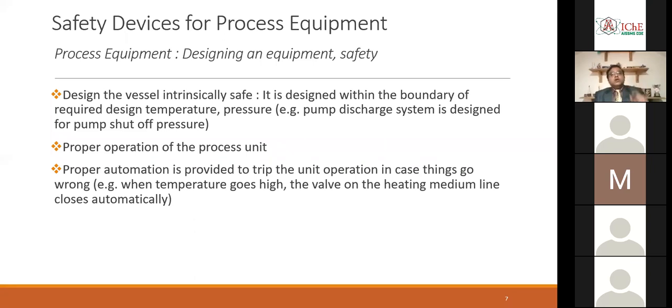So you give a trip point that if it reaches 100, it will close the heating supply. How? By closing the valve in the heating supply. Say steam, you are heating a column or a vessel with some steam. So the moment the temperature within the vessel goes from 80 to 100, by automatic action the steam valve will close and it will ensure that the environment inside the vessel remains within the boundaries set by you.